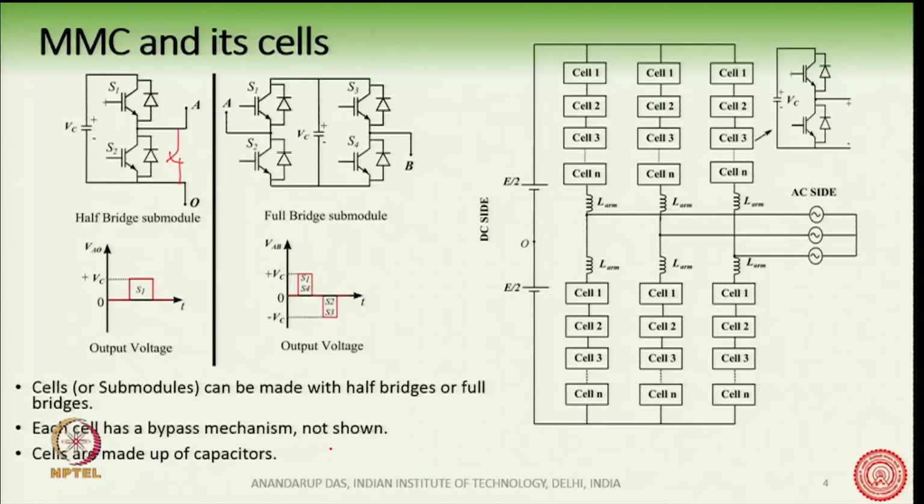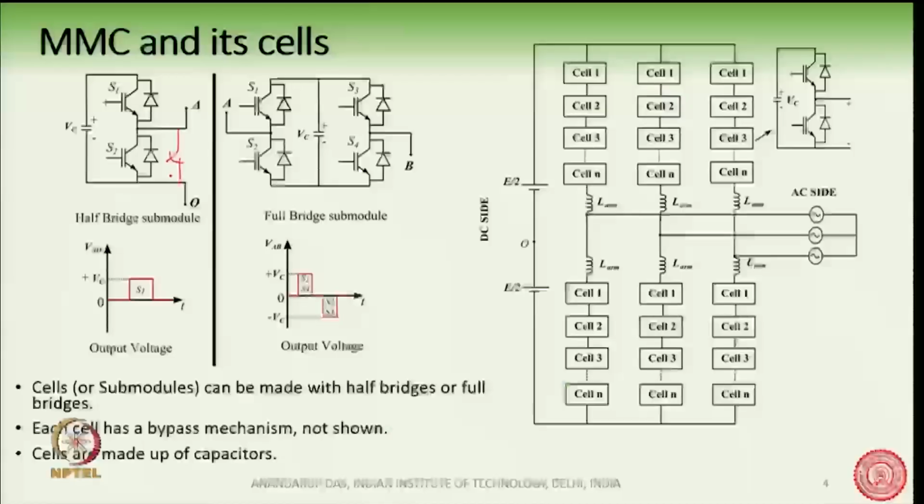If there is, for example, a very severe fault inside the cell and it is no longer usable, then we can bypass that cell without shutting down the whole converter. This bypass mechanism is not shown here, but we will discuss it sometime later.